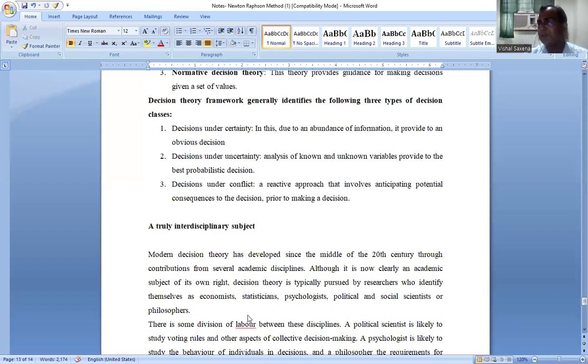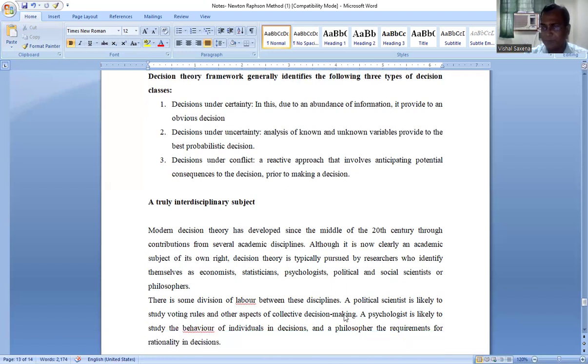I have discussed here business, marketing, the defense services, all these interdisciplinary areas where this subject can be applied. So modern decision theory has developed since the middle of the 20th century through contributions from several academic disciplines.